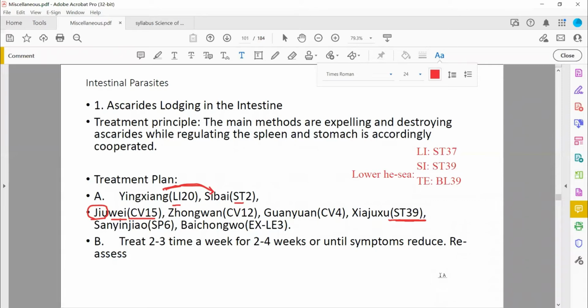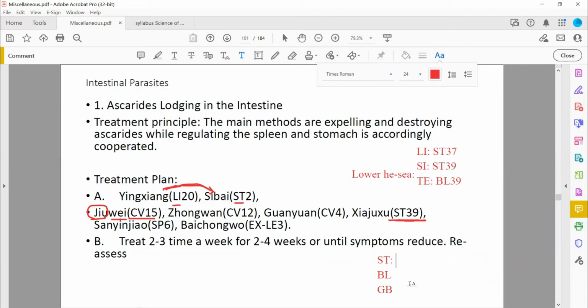And for the foot Yang organs, the lower He-Sea points are bladder, stomach, bladder, GB. Right. So for these three, that's the foot Yang meridians, related to the foot Yang meridian.